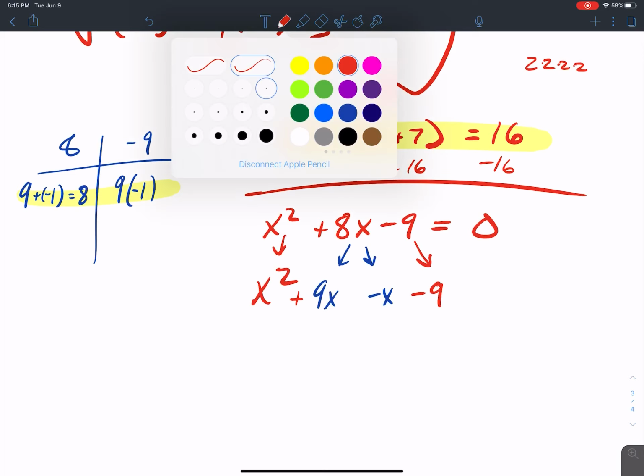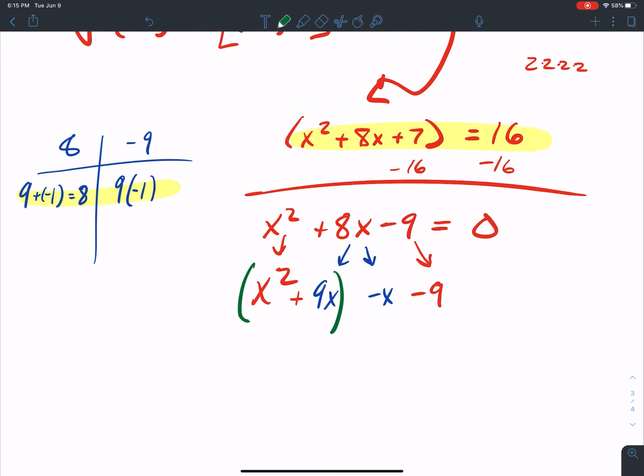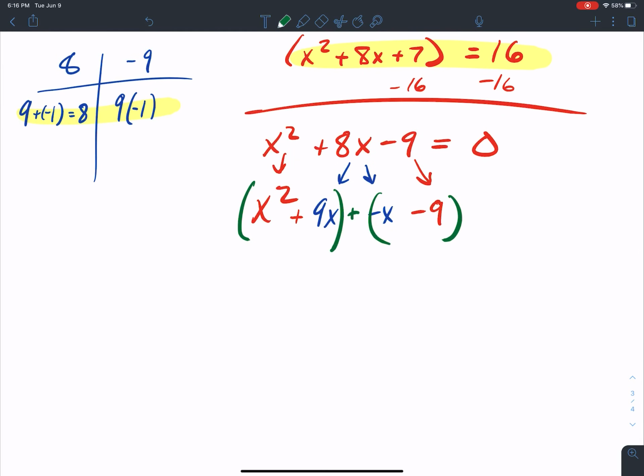So factor by grouping. I group the first two, group the second two, making sure there's a plus in the middle. What's in common between the first two? An x. So I pull the x out, and I have x plus 9. Over here, I have a minus x minus 9. To make that an x plus 9, I pull a -1 out, which makes it x plus 9 right there.